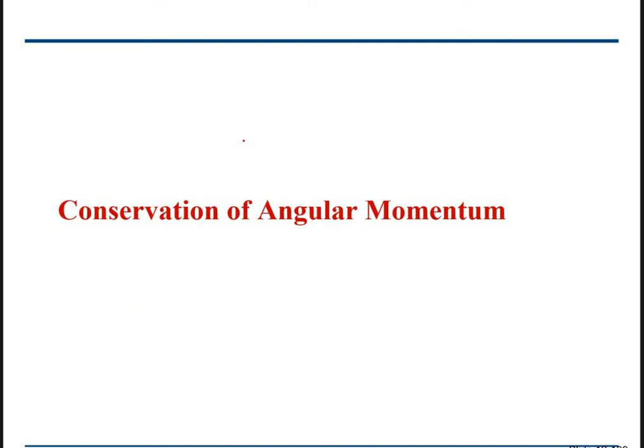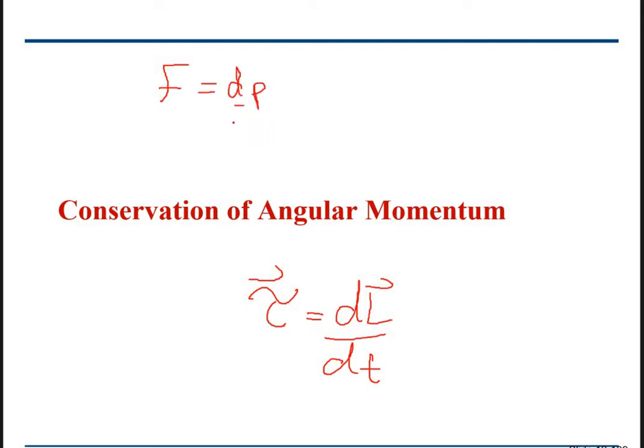So we've talked about torque as being defined as the rate of change of angular momentum, right? So conservation of momentum, let's quickly review that. We said that if the net external force acting on an object is zero, then the momentum of that system in particular is conserved, right?